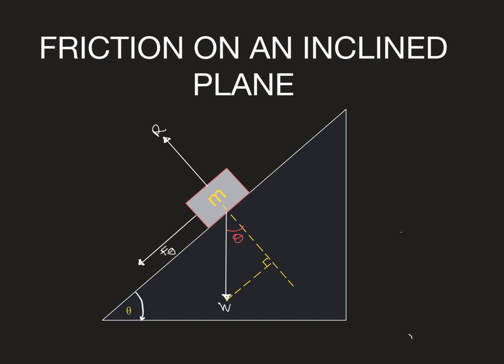We can prove that to you right now. So if this is the weight of the object that is coming vertically downwards, let me try to extend the line to form a complete triangle. Let's say it comes like this. Here we will have a 90-degree angle.